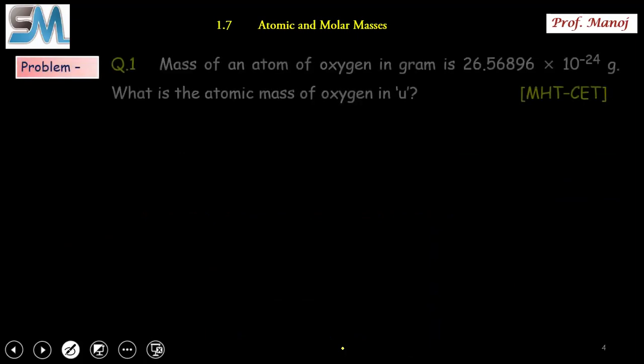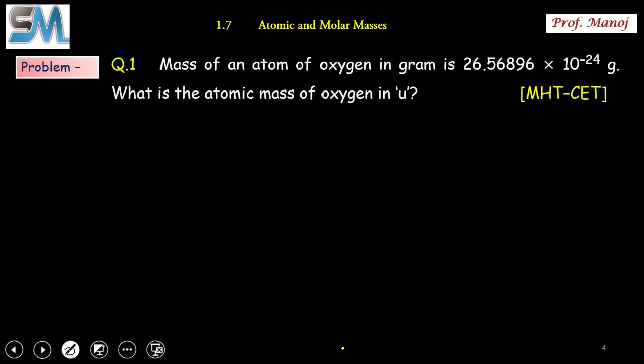Let us solve a small numerical problem which was asked in MHT-CET earlier, and let us see how the problem goes ahead. They have given us the mass of an oxygen atom in the unit of gram. They want to convert it into the unit of U. So what can we write over here?